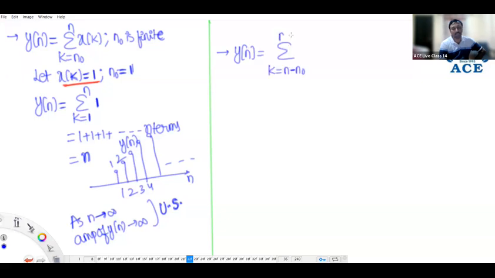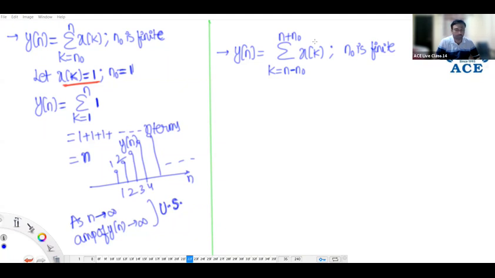Same summation, I am changing limits, answer me. Only I have changed limits. Think and respond. Sigma k from n minus n naught to n plus n naught of xk.